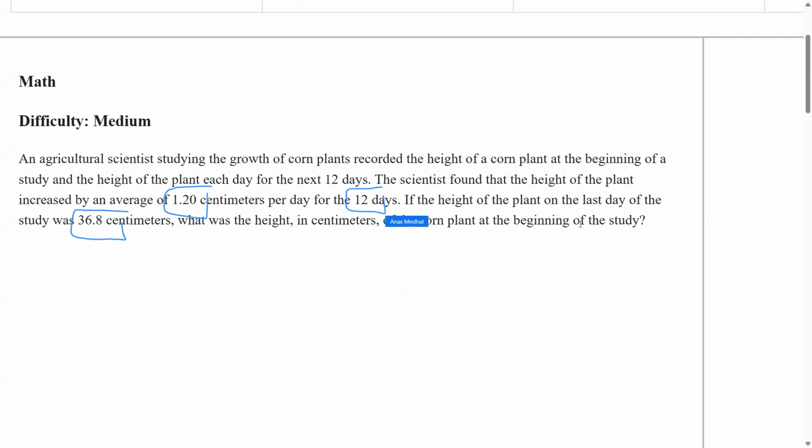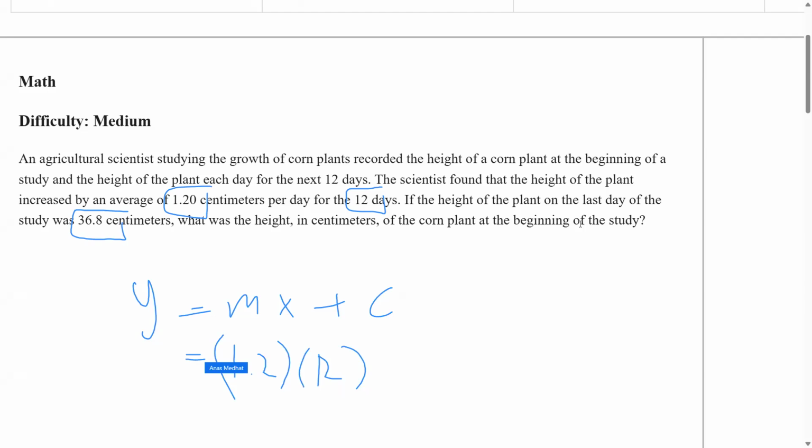If we say y is the centimeters, m is the rate, and c is the y-intercept, and it wants the y-intercept, all we have to do is substitute and get c. 1.2 is the rate times x, the number of days, equals 36.8 plus c.